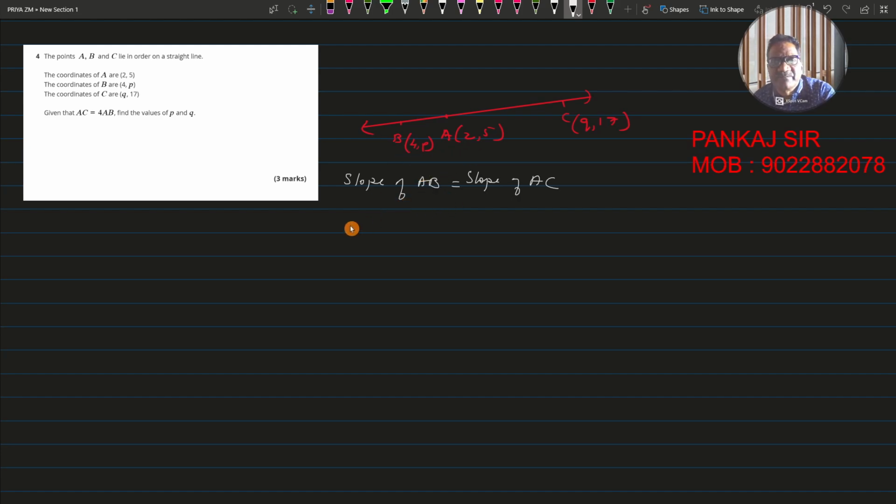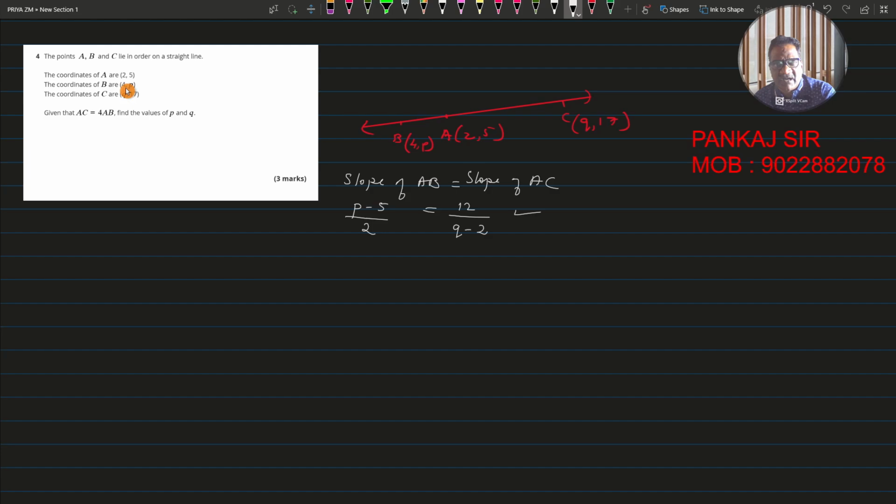Slope of AB will be y difference upon x difference, so it will be (P minus 5) upon (4 minus 2), that is (P minus 5) upon 2. And slope of AC will be y difference upon x difference, so 17 minus 5, which is 12, upon Q minus 2. Fine. So this is one equation that we are getting.